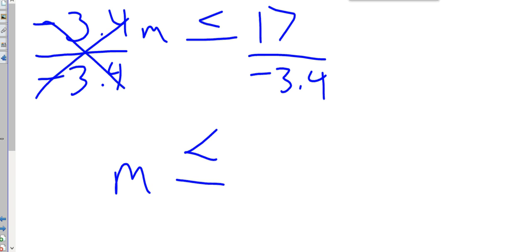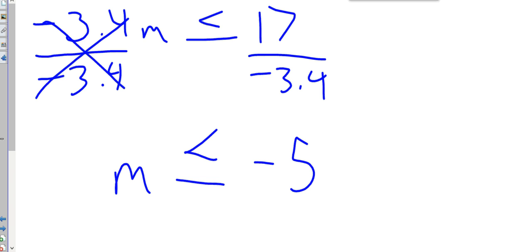The symbol looks like this, and then, of course, you take 17 divided by negative 3.4, and in the end you'd come away with negative 5. M is less than or equal to negative 5.